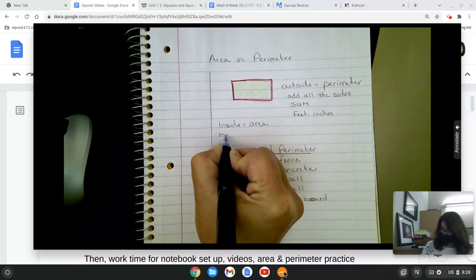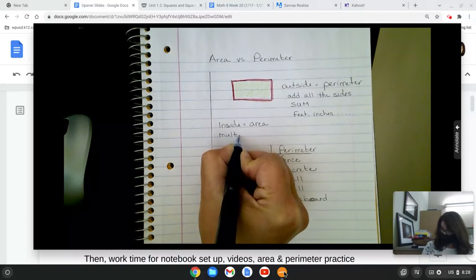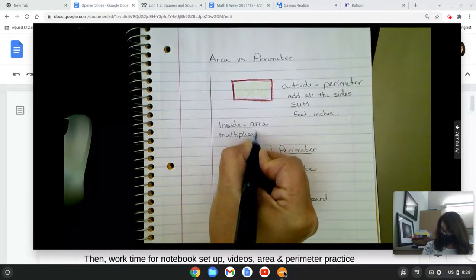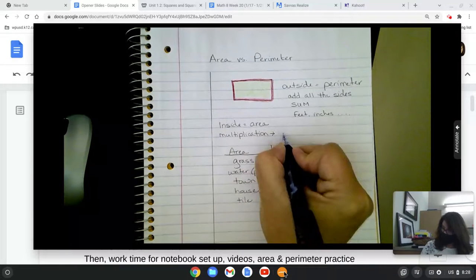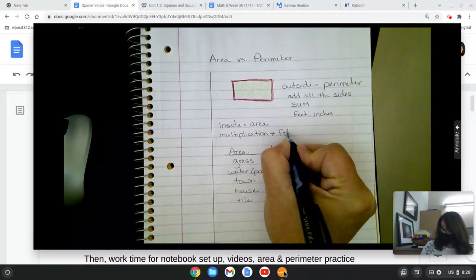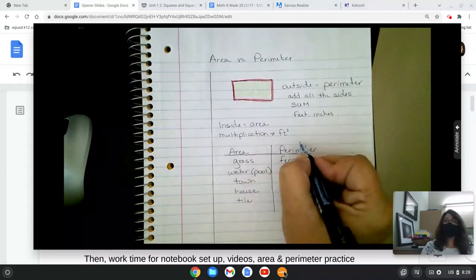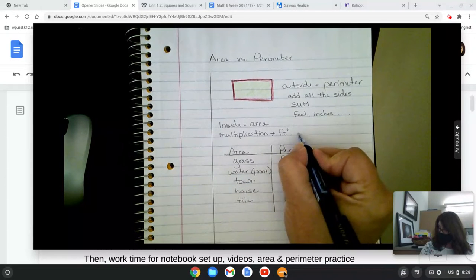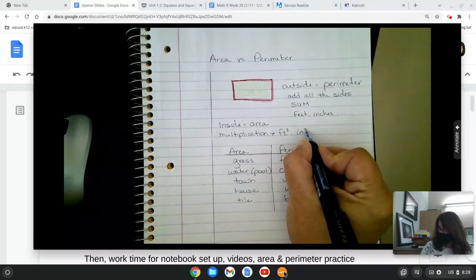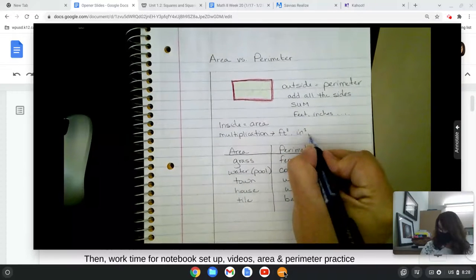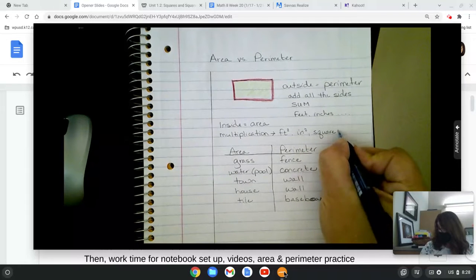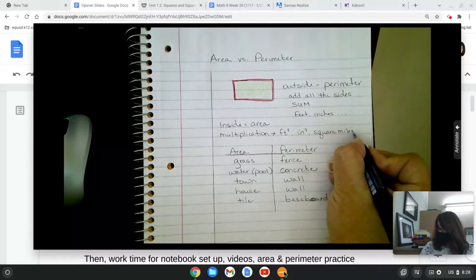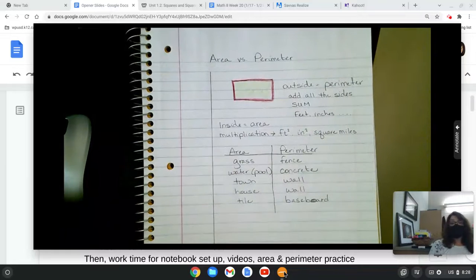So I'm just going to write for now multiplication. And it's going to get me square feet, square inches, square miles, etc.